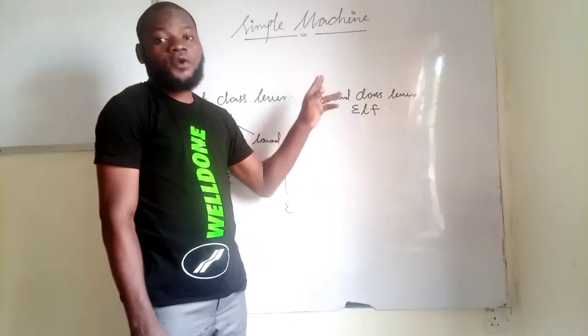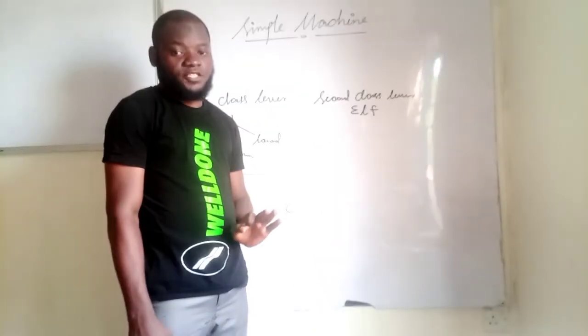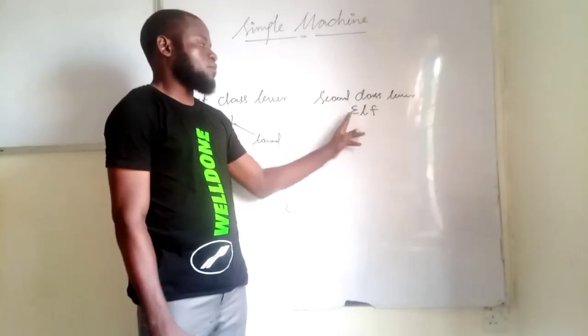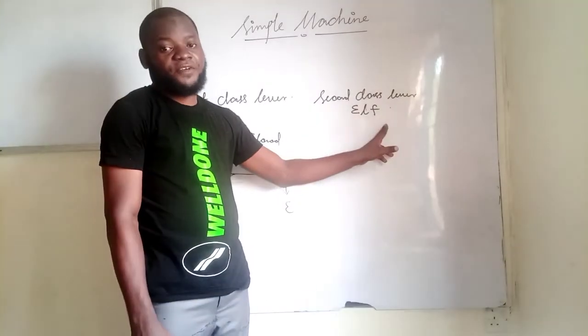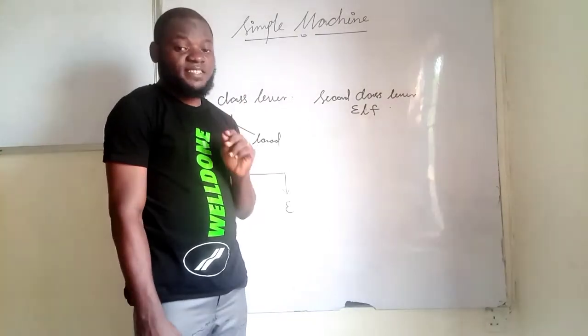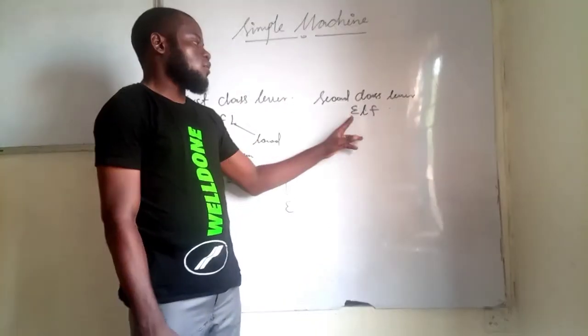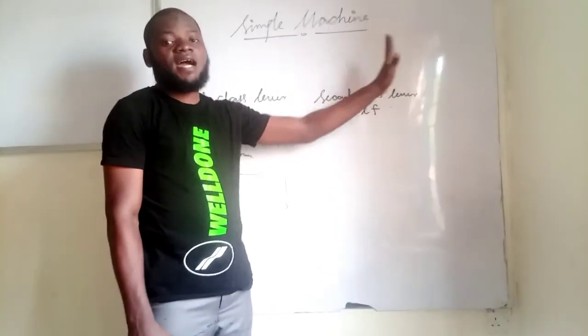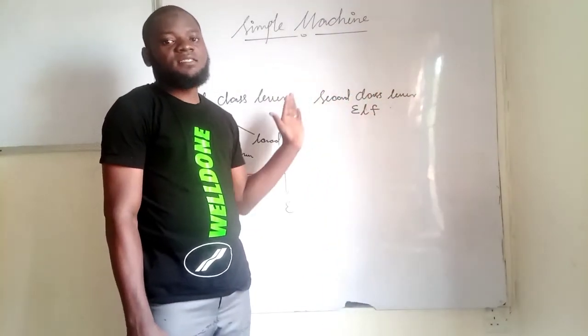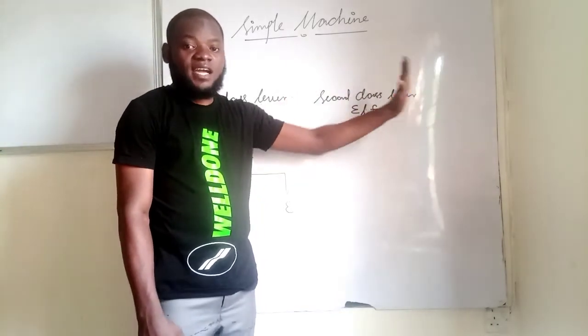Remember, the fulcrum is the axis of rotation. So that's the first property: load will be in between effort and fulcrum. The second property is that load and effort are in the same direction. That is, they are on the same side.